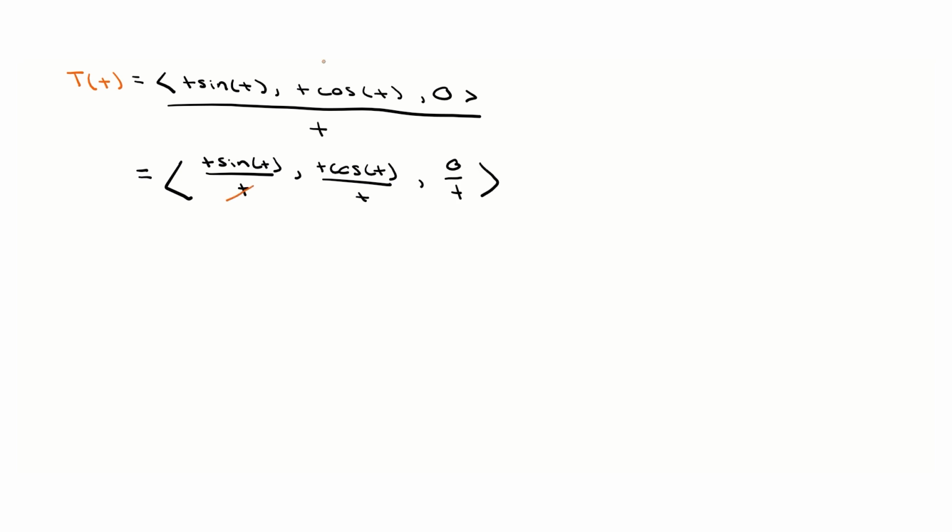We can of course cancel out these t's, giving us a unit tangent vector of sine of t, cosine of t, 0. So again, that's the unit tangent vector, and now we'll move on to our principal normal vector.